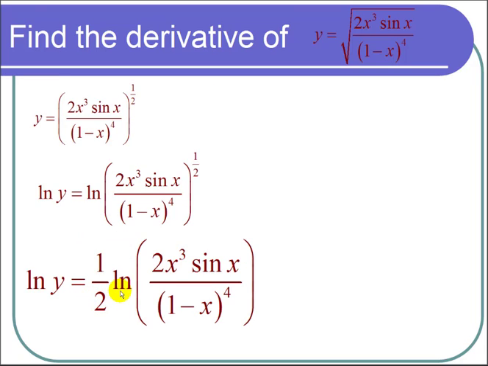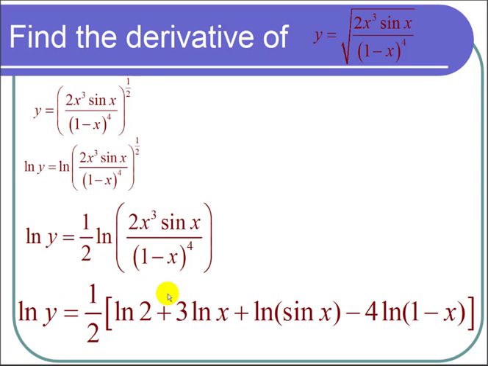Our next step is to use the rules of logs. When you have a natural log of a product and a quotient, what we can do is take the natural log of each of the factors on top and add them, and then take the natural log of the factor on the bottom and subtract it. And notice that when we have a power, it can be brought over, as we'll see in the next step.